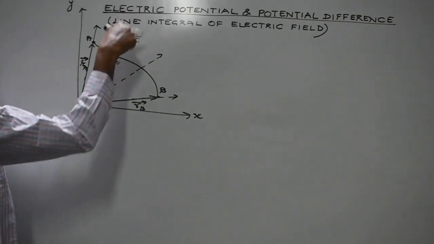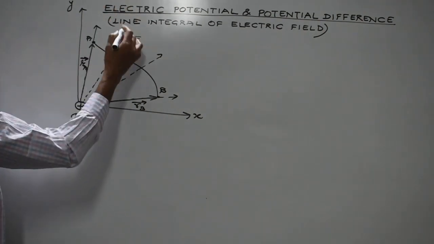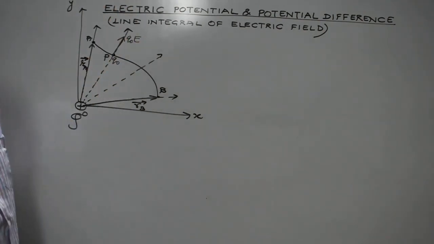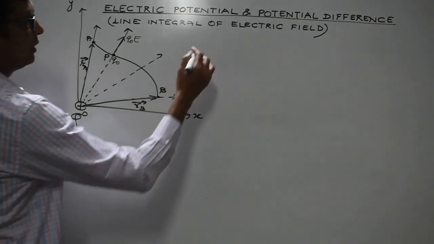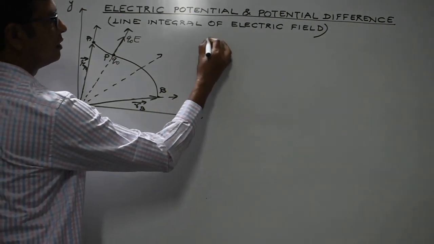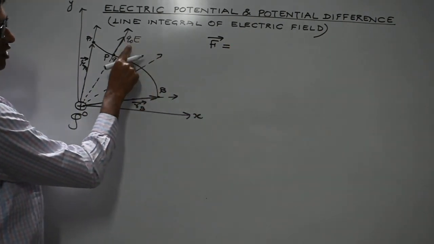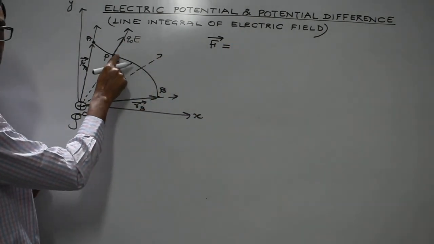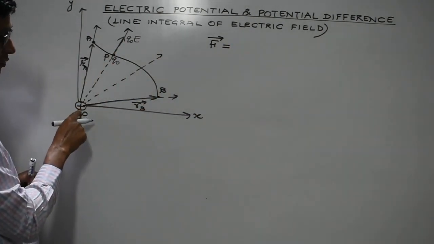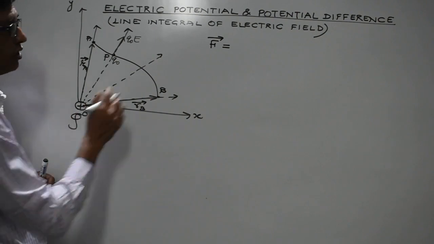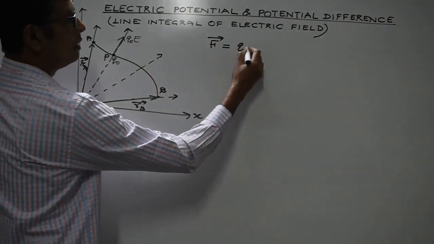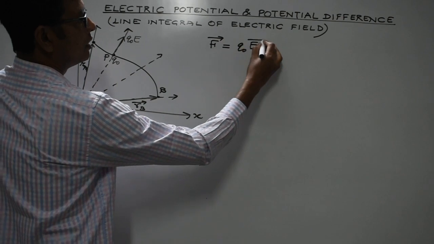This is the direction of the electric field, and this is the direction in which it will experience the electric force. So, the electric force experienced by this test charge q0 at point P under the influence of the electric field due to the source charge located at the origin would be given by q0 E vector.